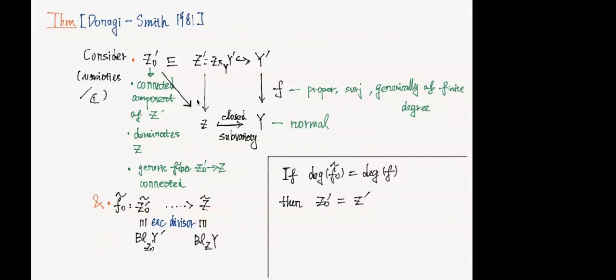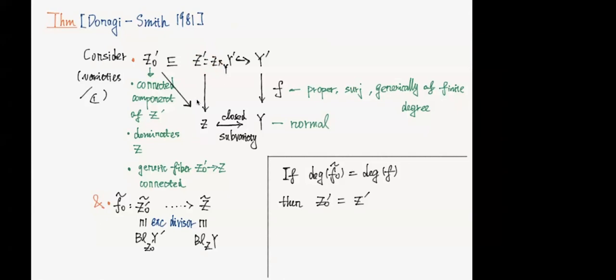So then Donaghy and Smith essentially prove that if the degree of the original map equals the degree between these two exceptional divisors, then this connected component Z0 prime will be the whole fiber over Z.